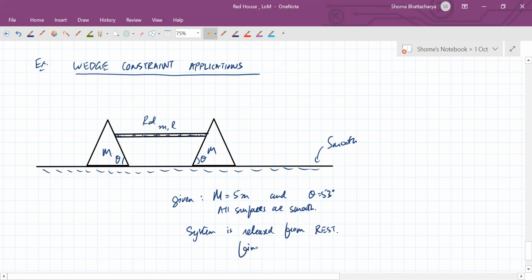So find the accelerations of the rod and the two wedges. Take g as 10 meters per second square. So just try this out.